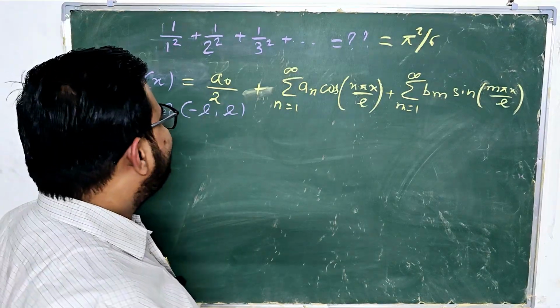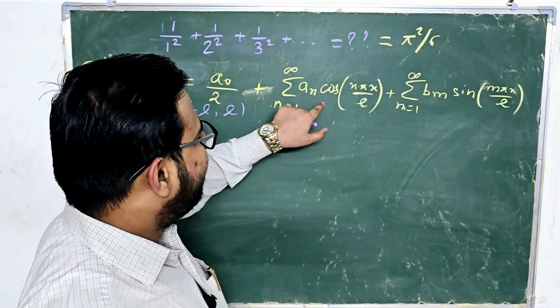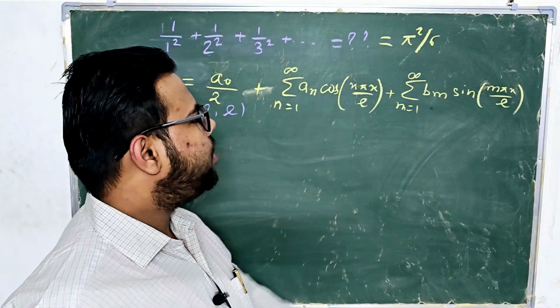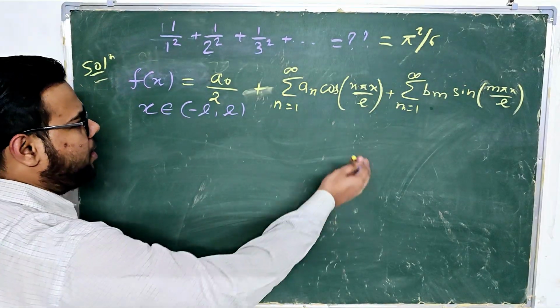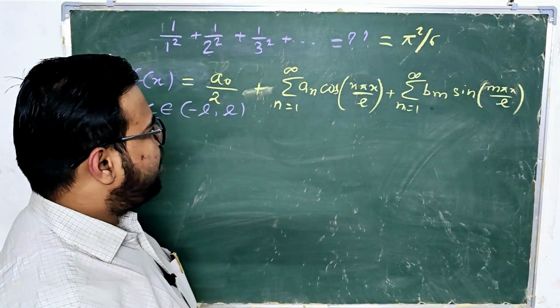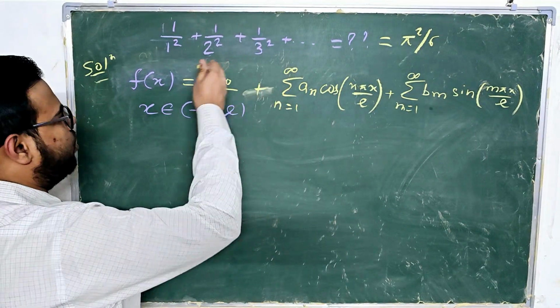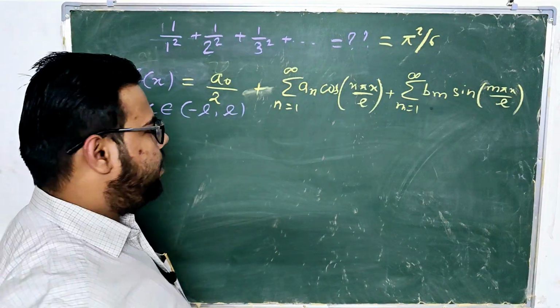So how will you solve for the values of a naught, a n and b m? These are basically the coefficients. a n and b m are the coefficients, and a naught is itself a constant.